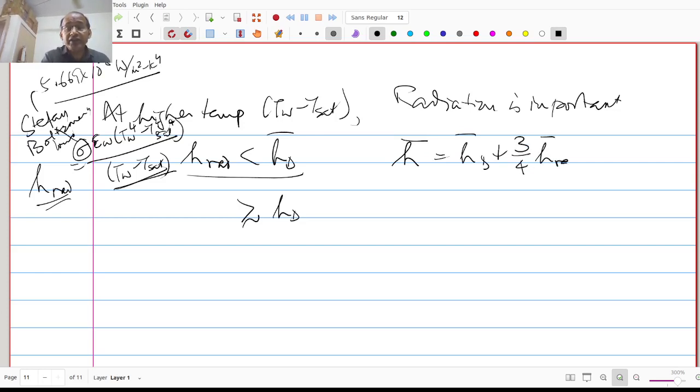H radiation. Okay, and when it is of that order or bigger, then normally you use this expression, H bar is equal to H bar D multiplied by H bar D divided by H bar radiation whole to the power of 1 by 3 plus H rad.